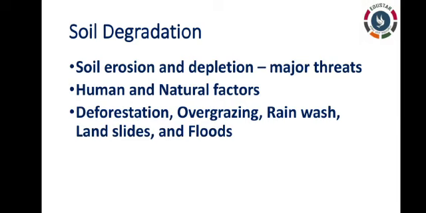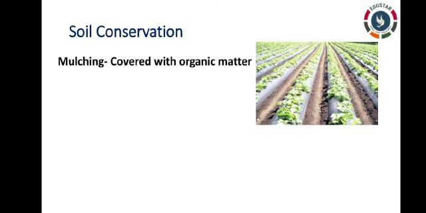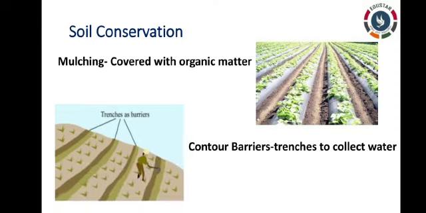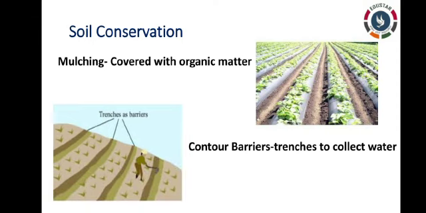Let's see how we can conserve the soil by the following measures: mulching, contour barriers, rock dam, terrace farming, intercropping, contour ploughing and shelter belts. Mulching is nothing but the ground between the plants being completely covered with a layer of organic matter like straw, because it helps to retain soil moisture in the land.